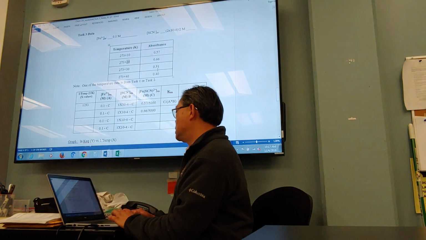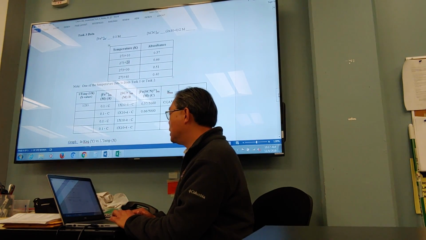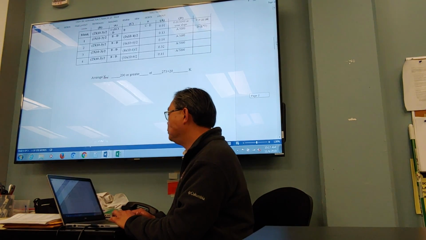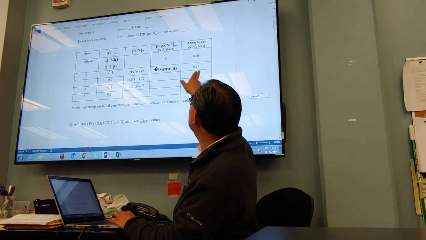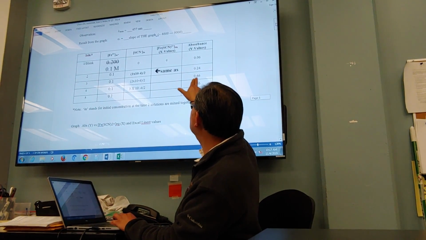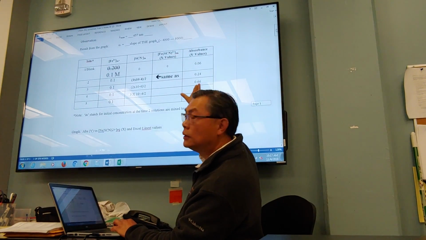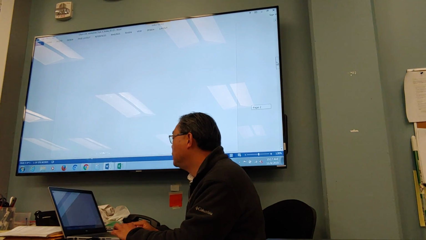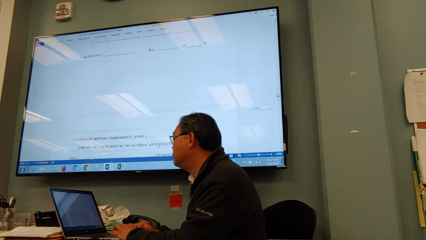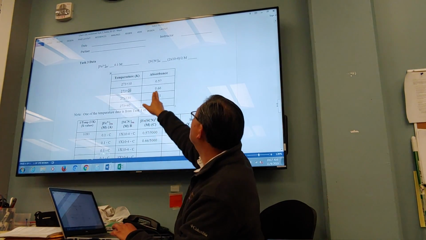Room temp. So that will be from task 1. So task 1 in my example here is 0.66. You see? So I copy that 0.66 down in here.